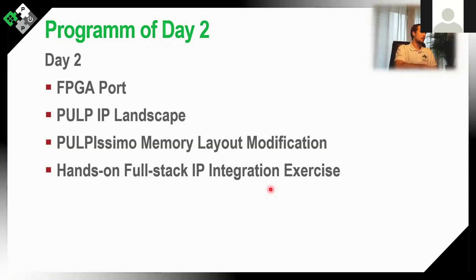Right now, it will just be an additional SRAM, but the steps are more or less the same, regardless whether it's an SRAM that you try to add to the system or any other TCDM slave to PULPissimo.